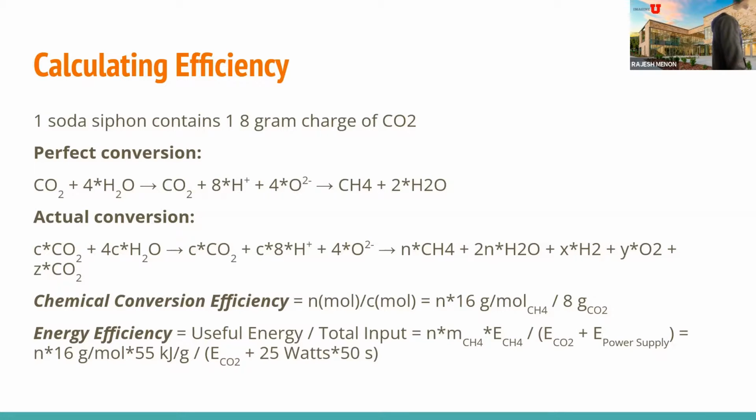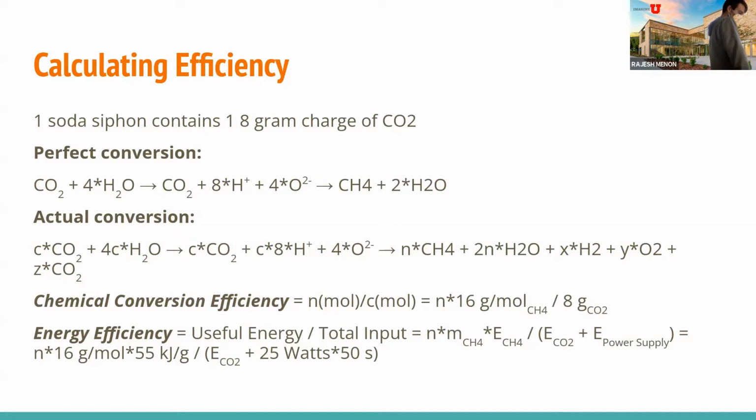We'd get chemical conversion efficiency, and then as far as energy efficiency for a completed process, we have useful energy versus the total input. The useful energy is the chemical energy associated with the methane. So we've got how many moles of methane did we get out, the molar mass of methane, and then the energy of methane, and then that would be over the power supply and any other energy inputs, including in a completed process, the extraction process for the CO2.